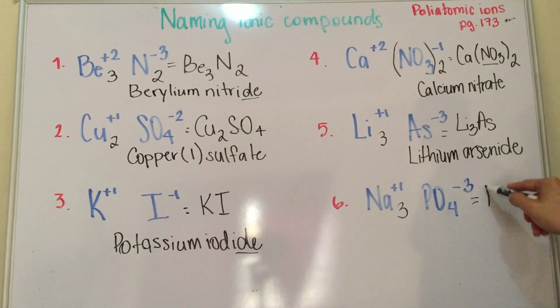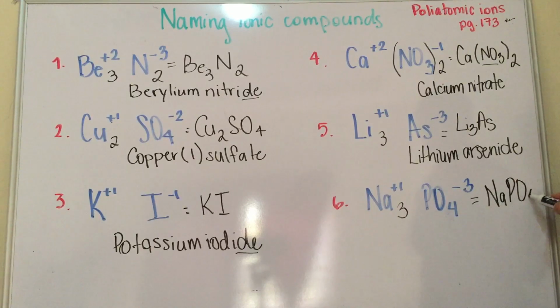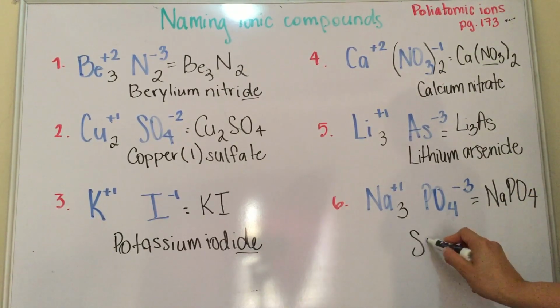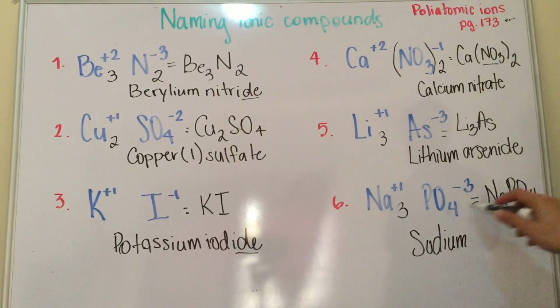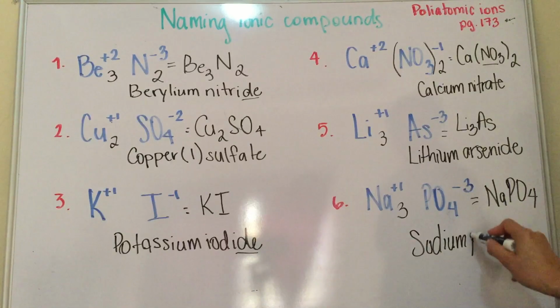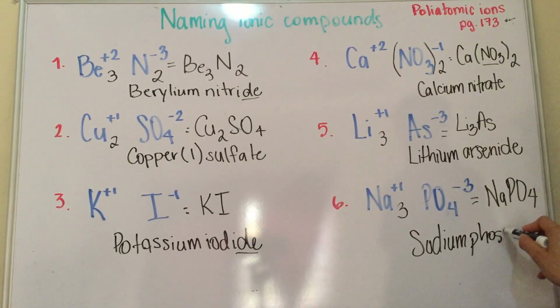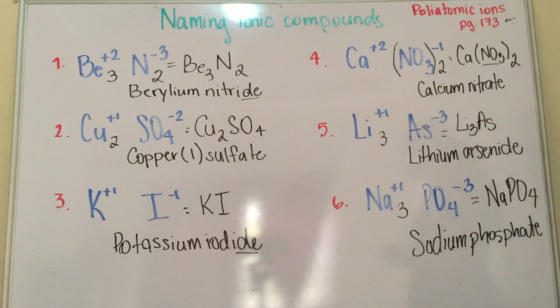So my compound looks like sodium phosphate. And the name is metal first, sodium. And the name of this one doesn't change, so it's phosphate. Sodium phosphate. And that's the review of naming ionic compounds.